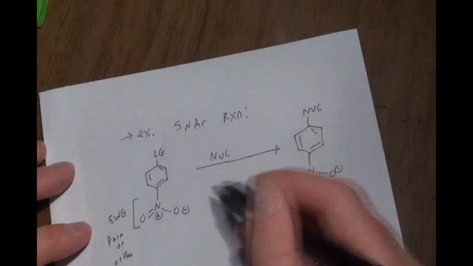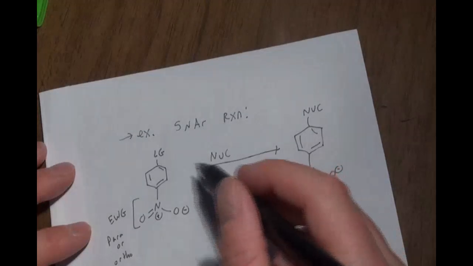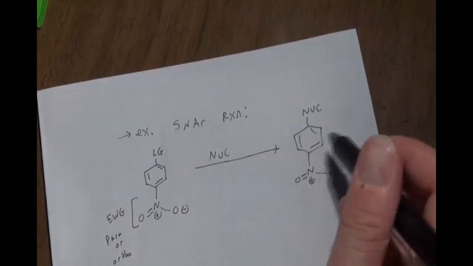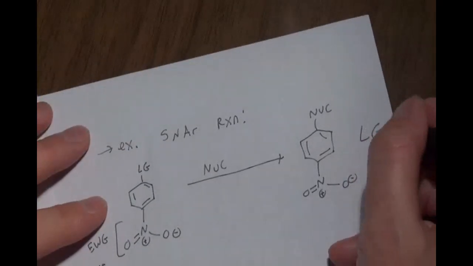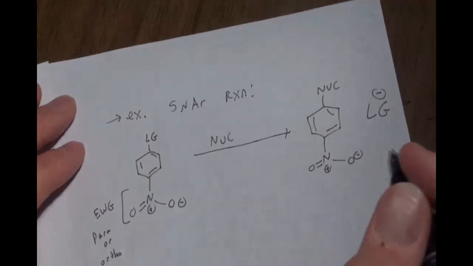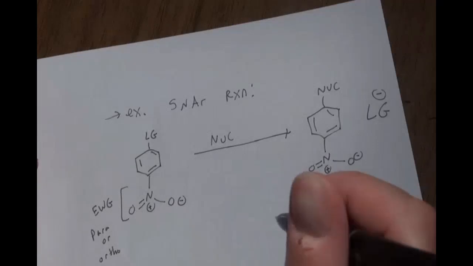So it's a nucleophilic substitution, right? The nucleophile attacks somehow and kicks off the leaving group, LG minus. This is the general idea of an SNAr reaction.